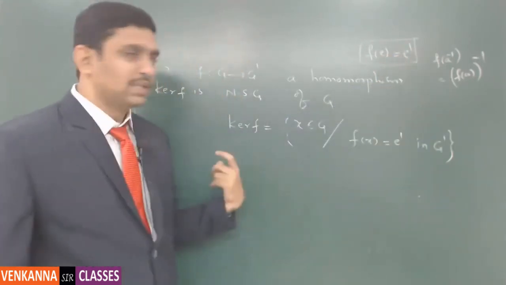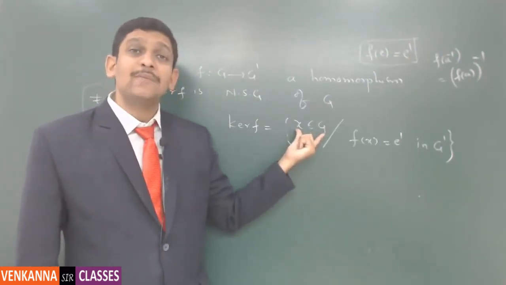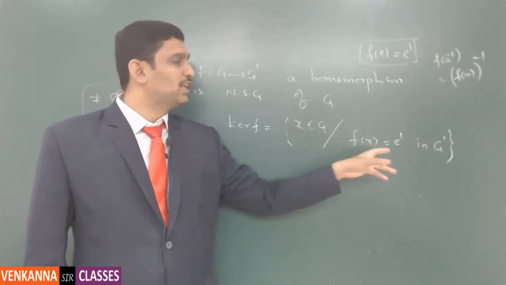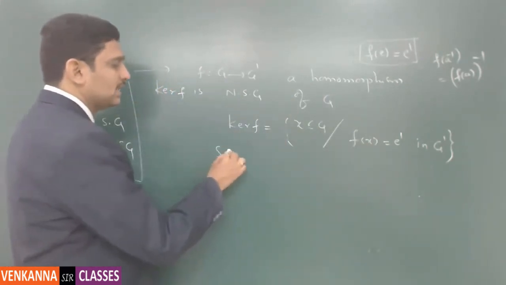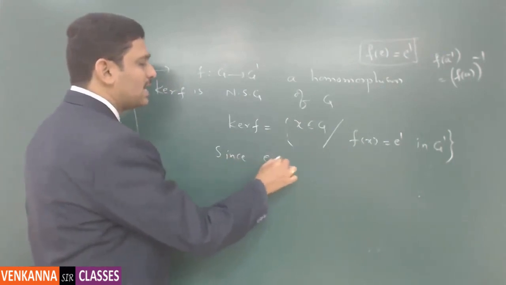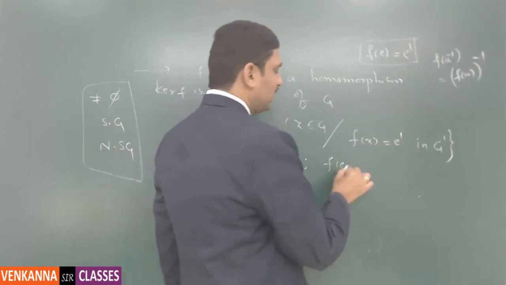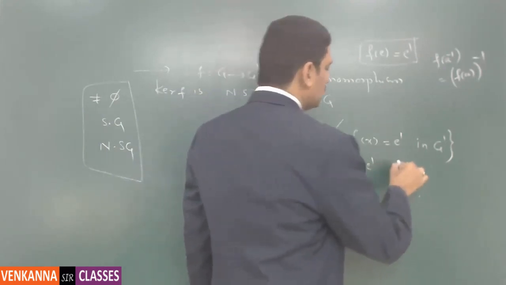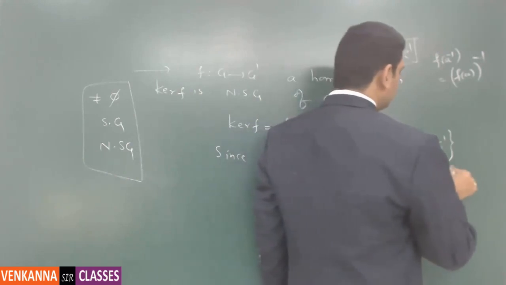So if you observe the definition of kernel, you are selecting an element in the domain whose image must be identity. So as you know that identity element belongs to the group and f of E is equal to E dash. So kernel f is non-empty.